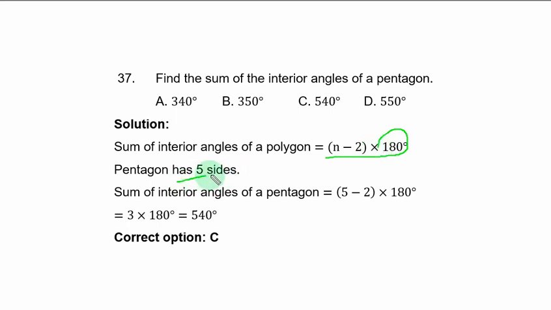Pentagon has 5 sides. That means n is 5. So you have 5 minus 2 times 180 degrees. That is 3 times 180 degrees. And you have 540 degrees. C is the correct option.